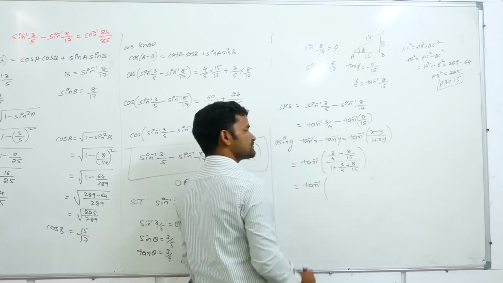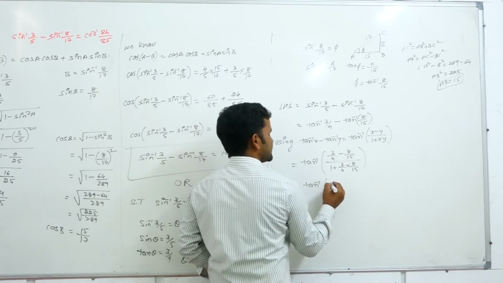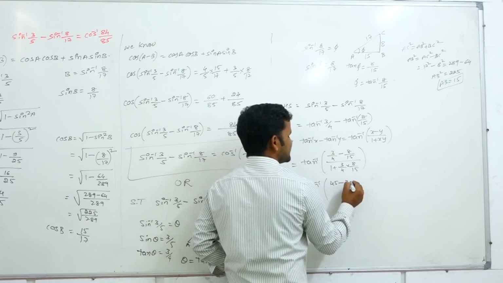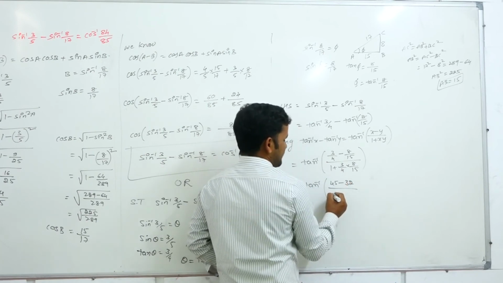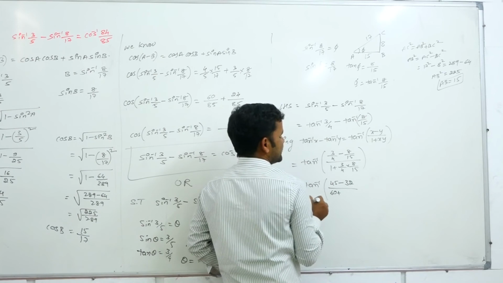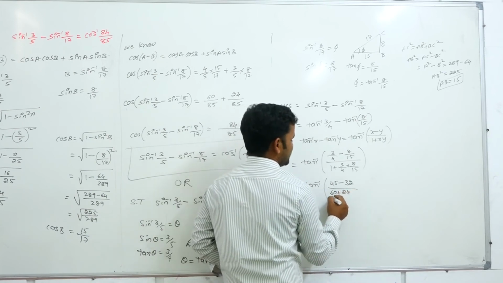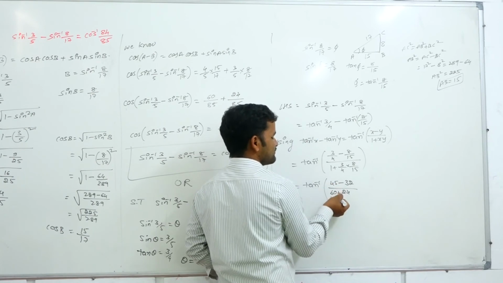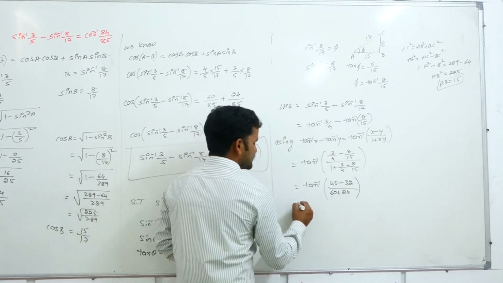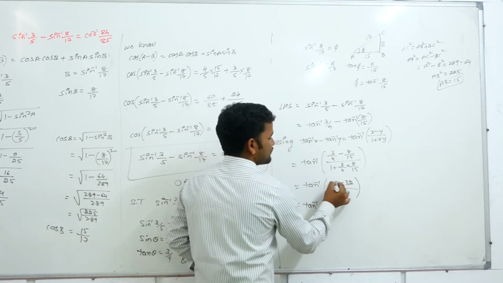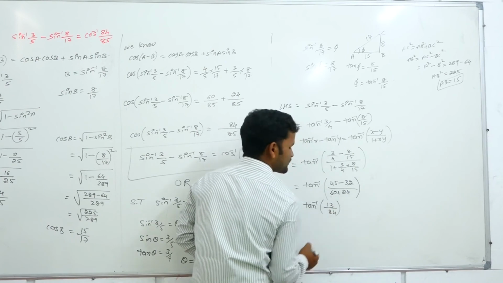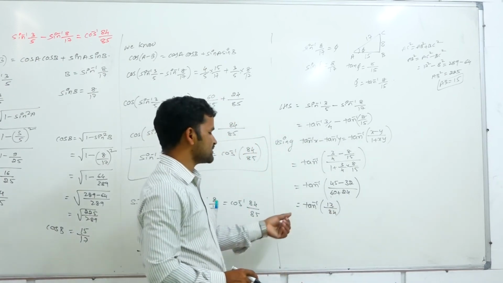Now cross multiplying: 15 into 3, 45, minus 4 into 8, 32, divided by 15 into 4, that is 60, plus 8 into 3, 24. Here also divided by 60 will be there, both are getting cancelled. Okay, we have tan inverse of (45 minus 32 is 13) by 84. This is what we got, that is tan inverse of 13 by 84 as the RHS.